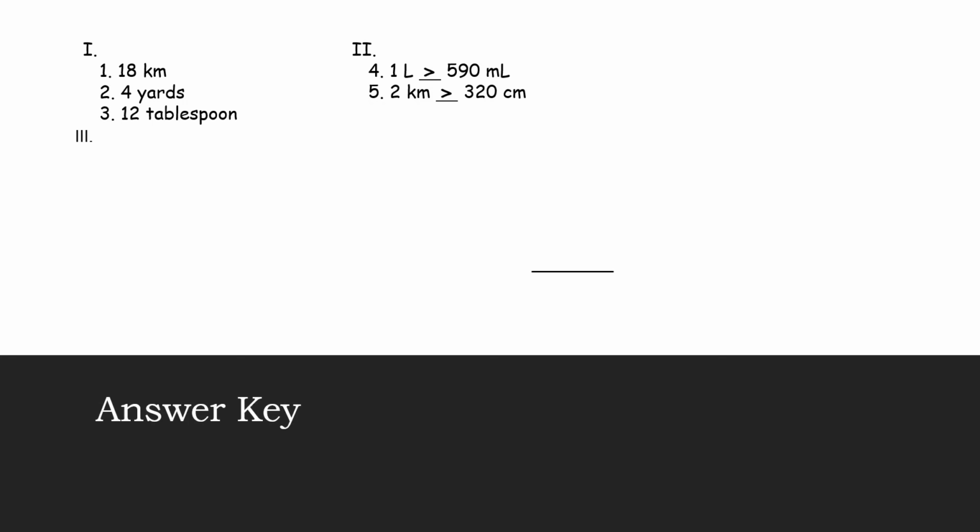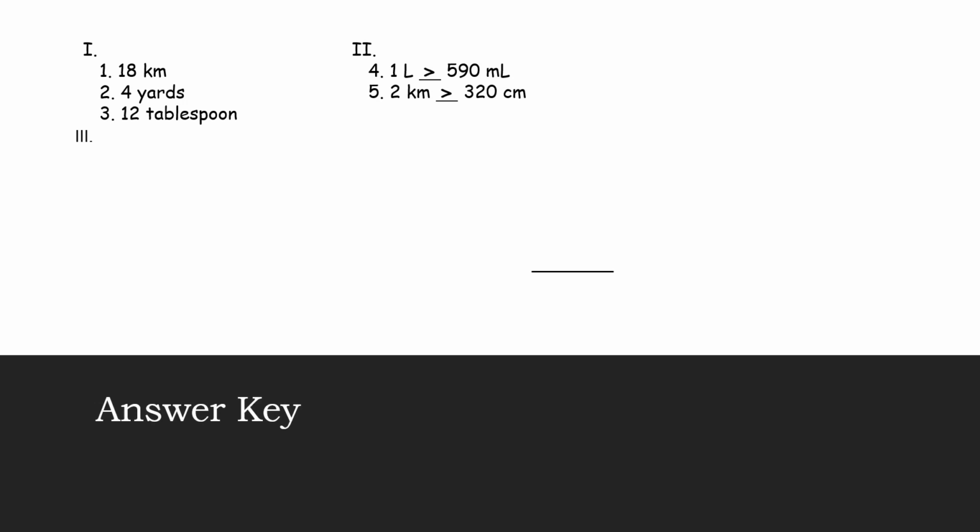Next, we have 2 kilometers versus 320 centimeters. So which is greater or smaller? 2 kilometers is greater than 320 centimeters. Again, how many centimeters are there in 2 kilometers?